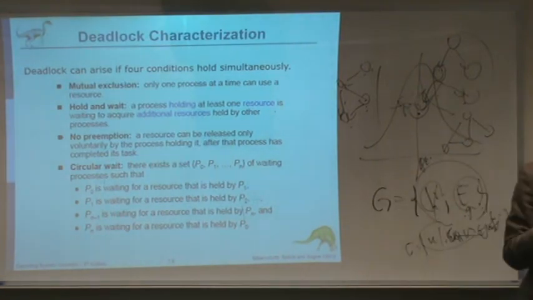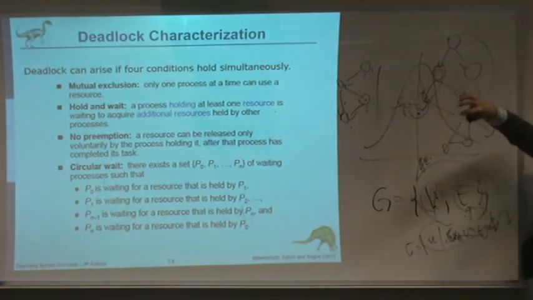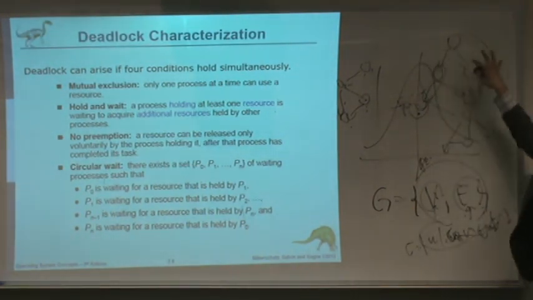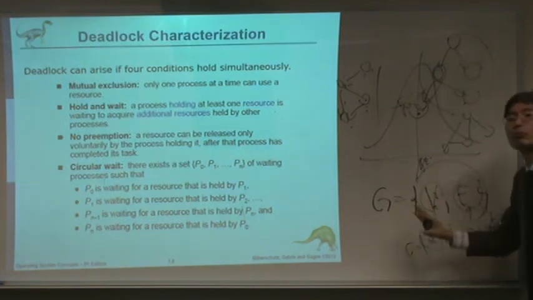Graph is one of the nice data structures to represent the relationship of data. However, if you have a parent and children relationship, it's a specialized graph. This is more general.